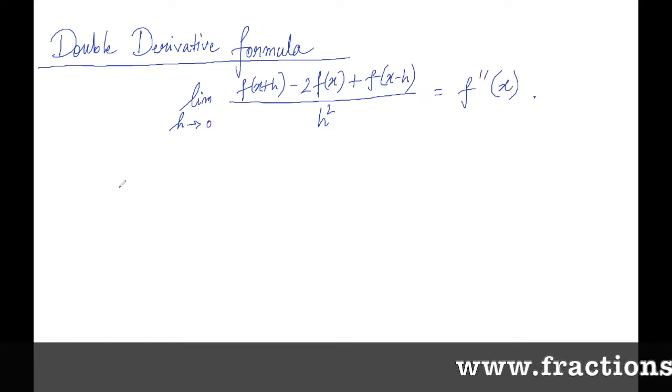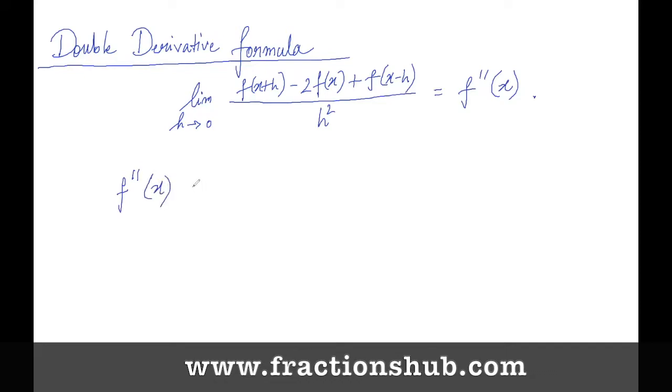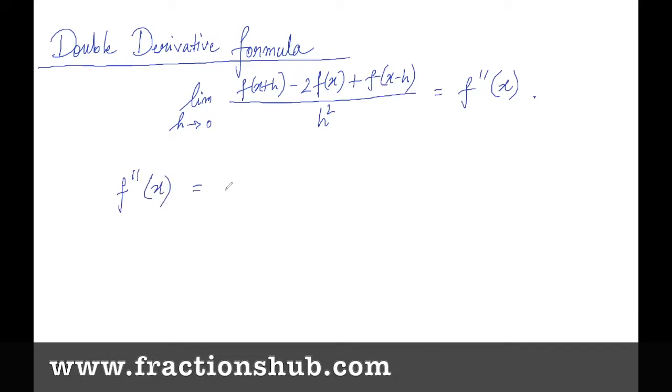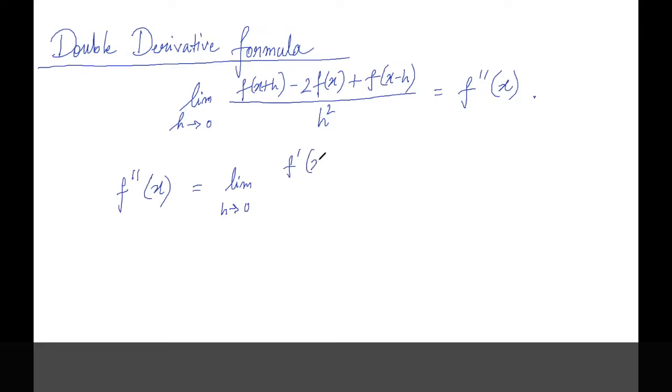So what do we know about f double dash x? That is nothing but the limit as h tends to 0 of f dash x plus h minus f dash x by h.